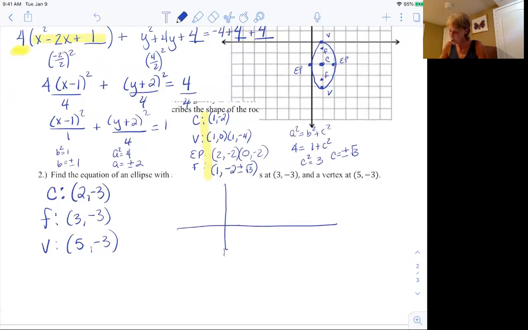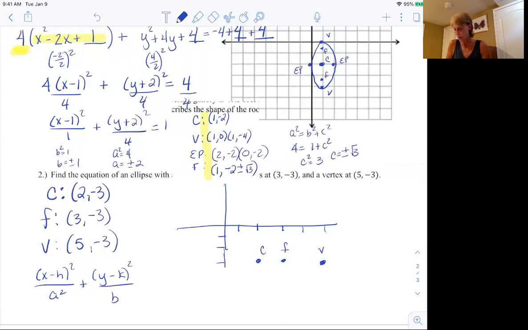My center is at 2, negative 3. I have a focus at 3, negative 3. And I have a vertex at 5, negative 3. So first of all, I'm using the a squared under x squared, because my ellipse is lying horizontally.